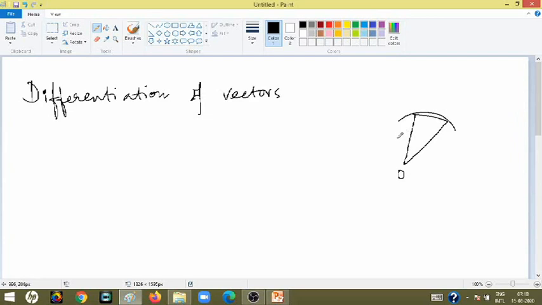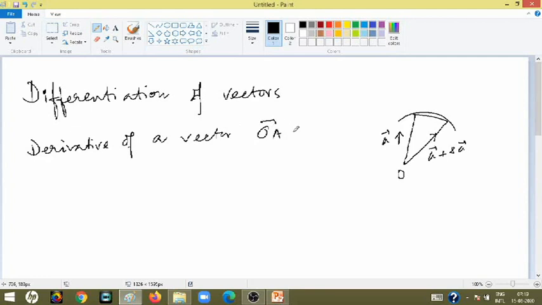Say this is called A, and this is A plus delta A. Now the derivative of a vector A equals f of t, if t is a scalar.